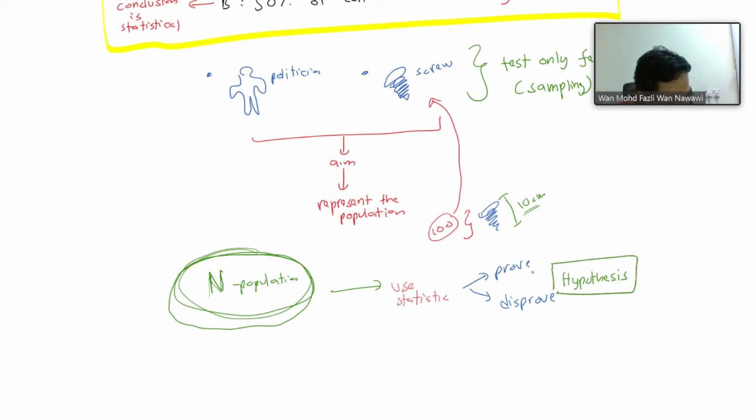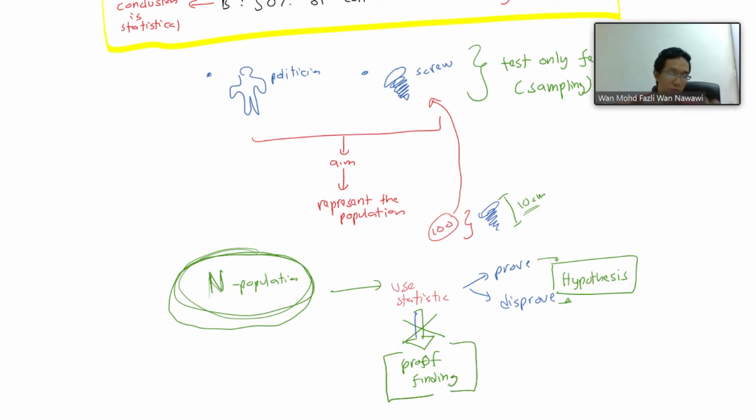So this is the purpose of statistics. You don't use statistics to prove a finding, but you use statistics to prove or disprove the hypothesis.